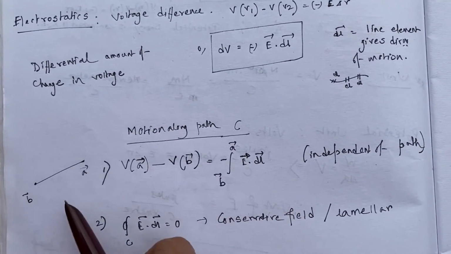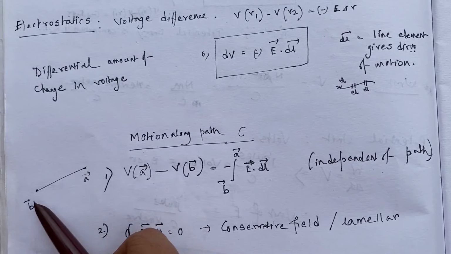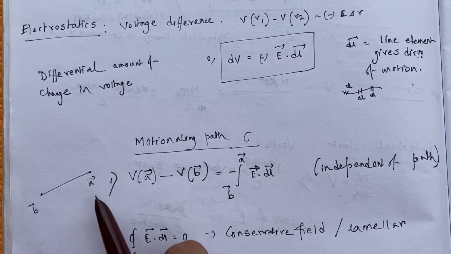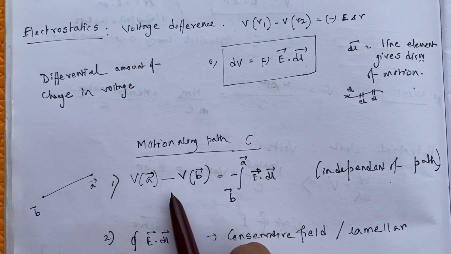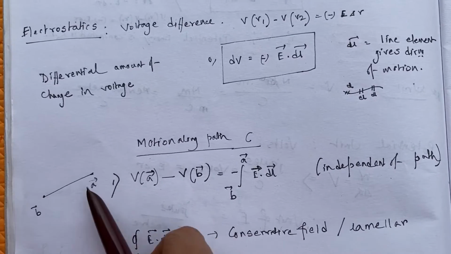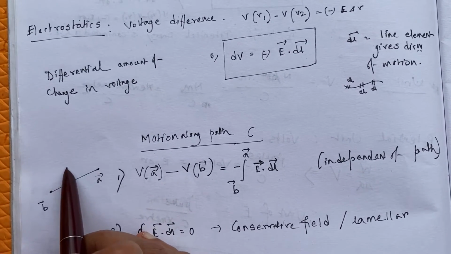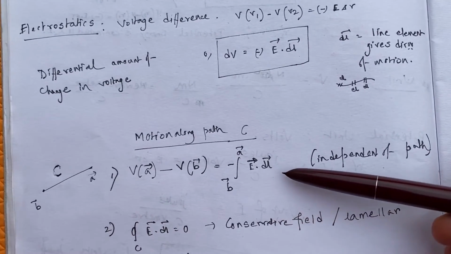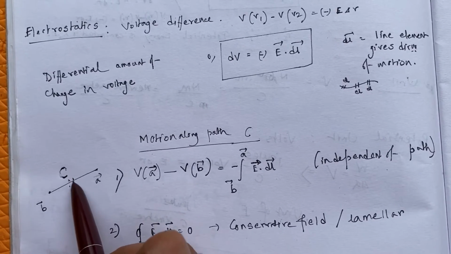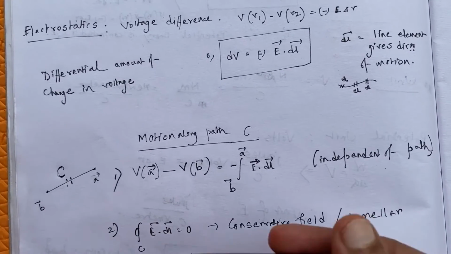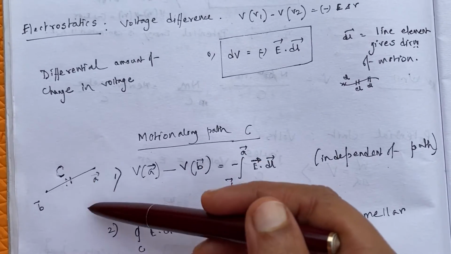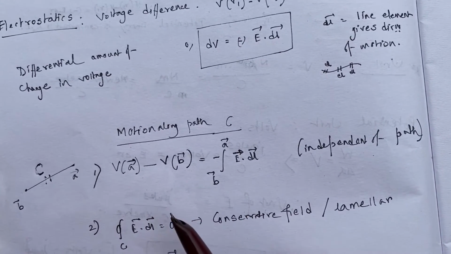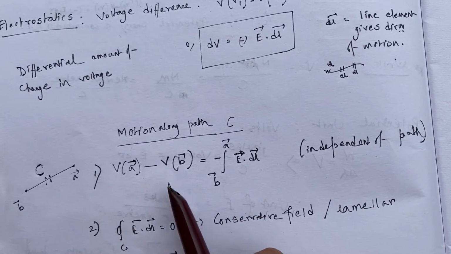If I take the 2 points A and B, and I want to find the potential difference between these 2 points, that is, VA minus VB, we need to integrate over this entire path, which I call C, by making the integration of E dot dl, where dl is a small segment along the path. The entire electric field is distributed over this line, and it is very important that this potential difference is independent of the path.